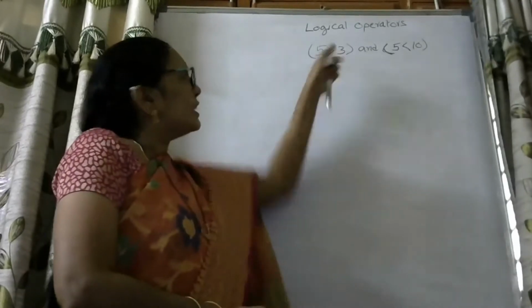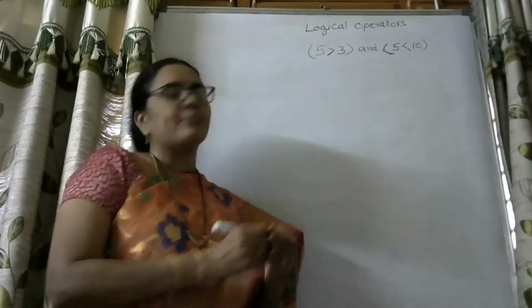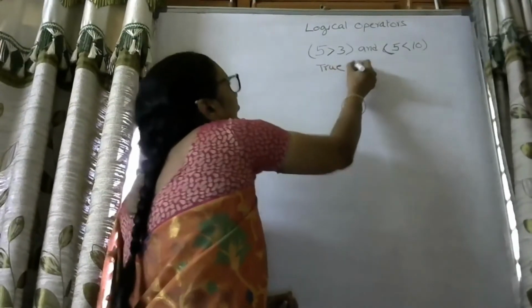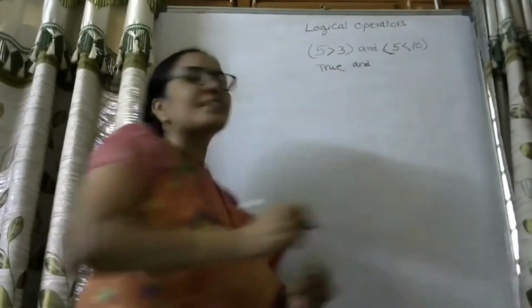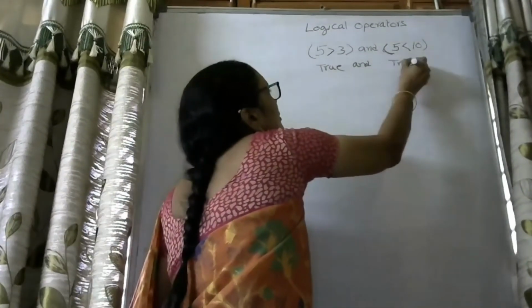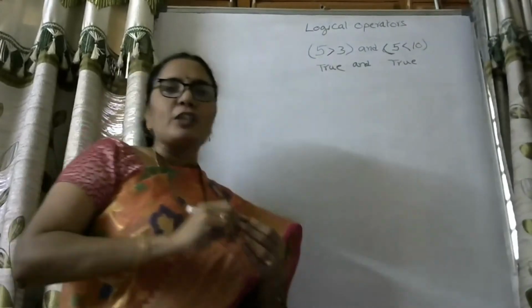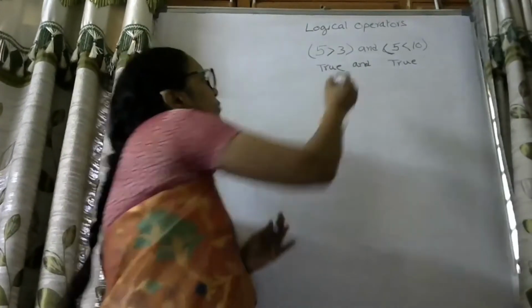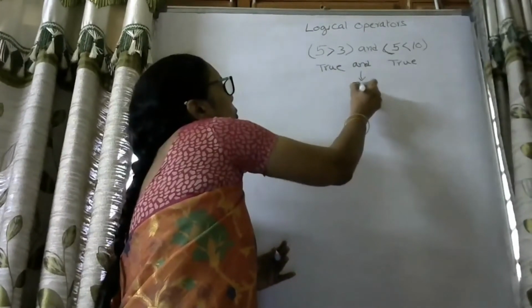The result of 5 is greater than 3 is true, and 5 is less than 10 is also true. So the logical operator AND takes the Boolean as the input and the result of this will be true.